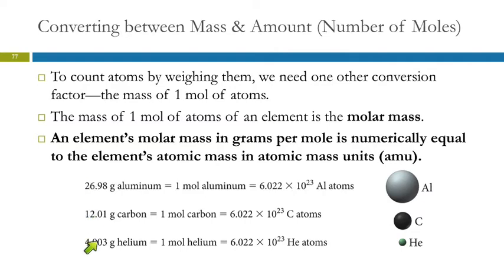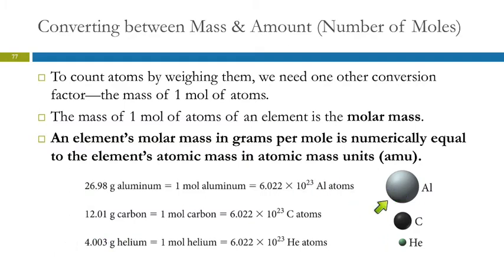So those numbers on the periodic table, under carbon, you'll see 12.01, because that's the average mass of carbon. That's Avogadro's number of carbon atoms. Helium, 4.003 grams, Avogadro's number of helium atoms. So we've got the same number of atoms of each of these elements, but the masses are different because the atoms are different sizes.